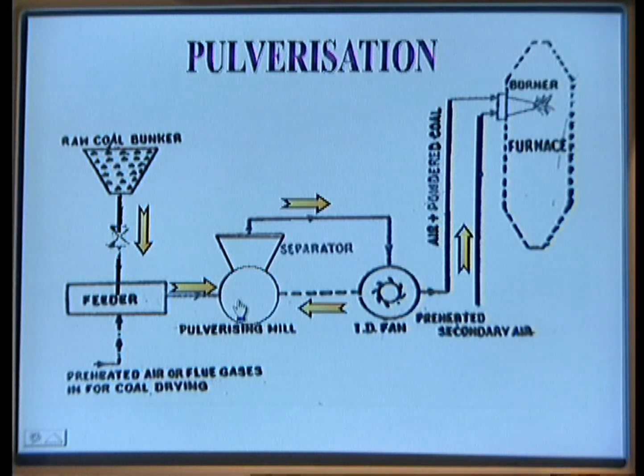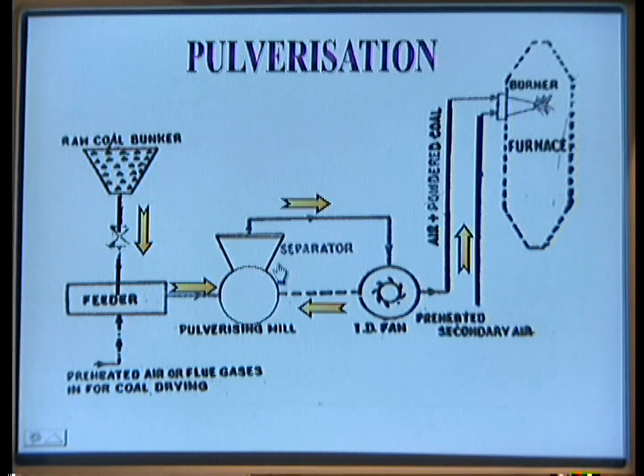After the mill makes the powder form, the powder is carried by the air from the ID fan, the induced draft fan, and this pulverized powder is stored in a bunker or pulverized bin. From that, the air, the pulverized powder and secondary air are sprayed into the furnace where combustion is required.